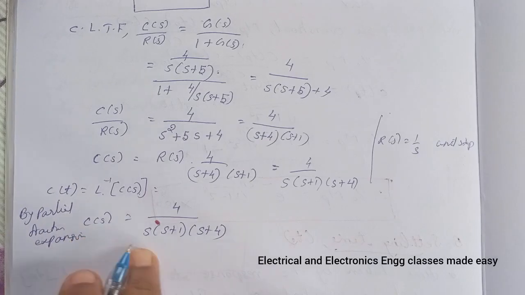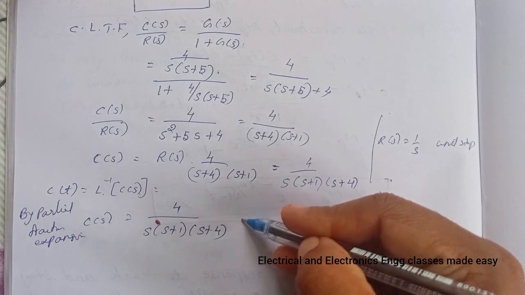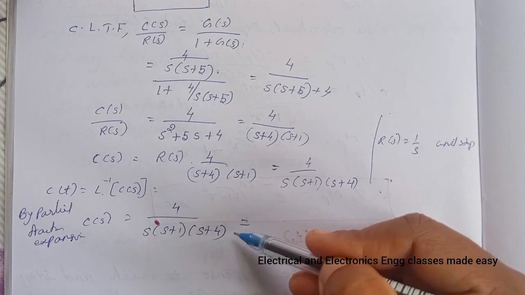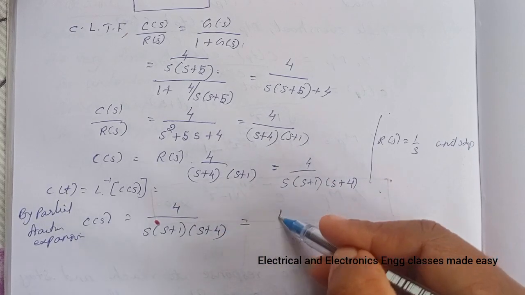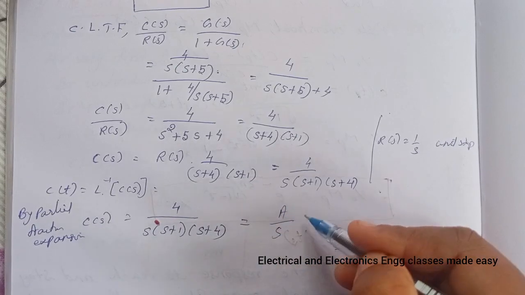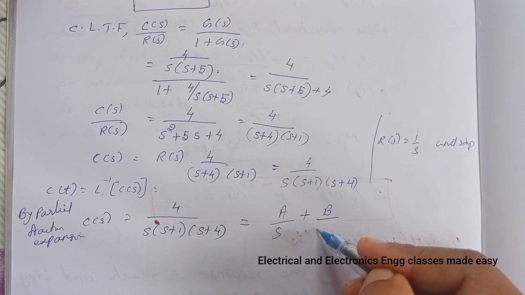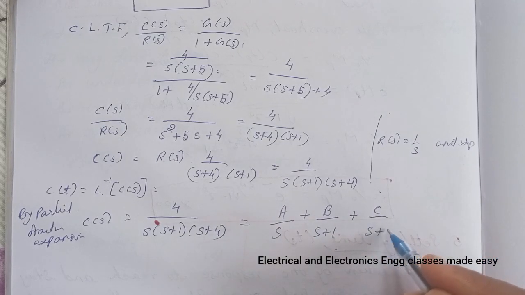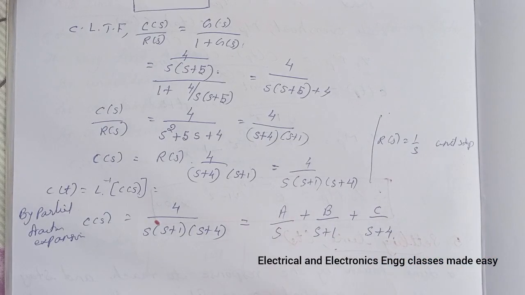By partial fraction expansion we can write this 4 divided by s into (s plus 1) into (s plus 4) is equal to A divided by s plus B divided by (s plus 1) plus C divided by (s plus 4).